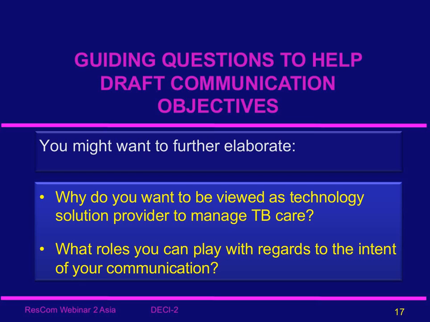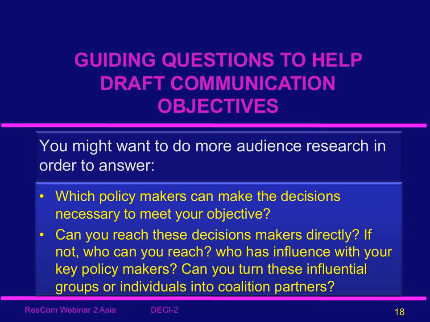And then also ask them to define what roles they can play with regard to the intent of their communication, and which policymakers can make the decisions necessary to meet their objectives. These are also questions that we should ask them so they can be more specific on what they want to achieve.